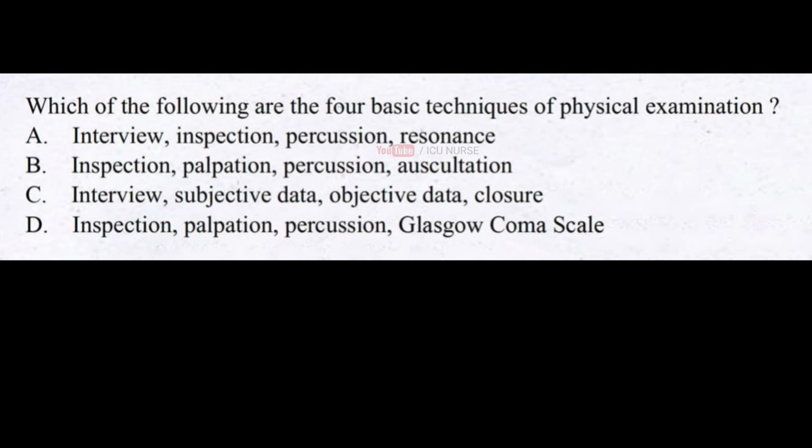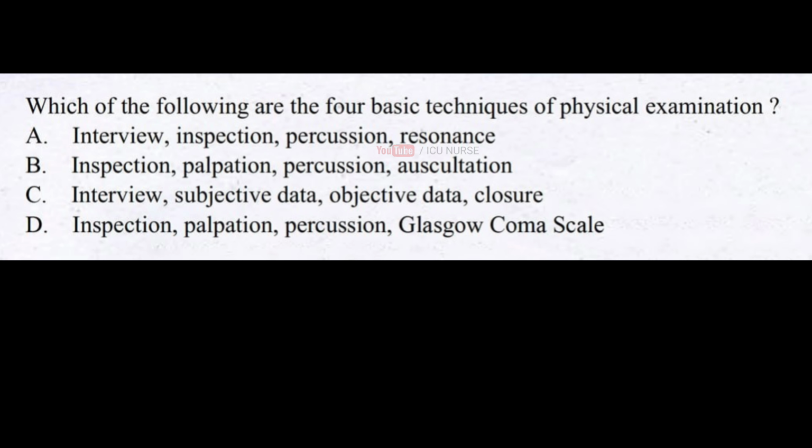Which of the following are the 4 basic techniques of physical examination? A. Interview, inspection, percussion, resonance. B. Inspection, palpation, percussion, auscultation. C. Interview, subjective data, objective data, closure. D. Inspection, palpation, percussion, Glasgow scale.